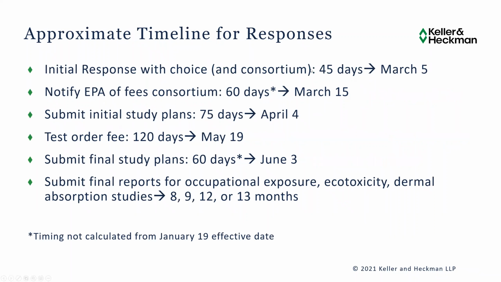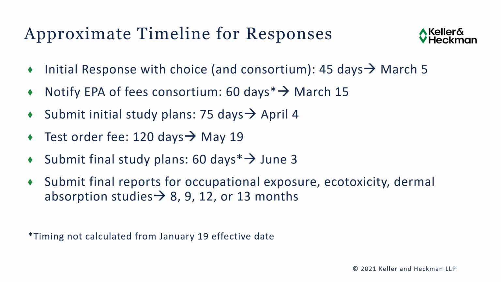So an approximate timeline for responses, as I mentioned, the initial response is due within 45 days of the effective date of the order. So that's March 5th. And in that initial response, you need to select one of those 5 options that we just went through. And you also need to indicate if you're joining a consortium.